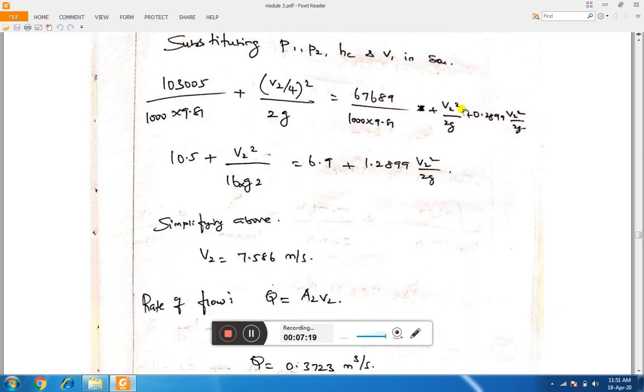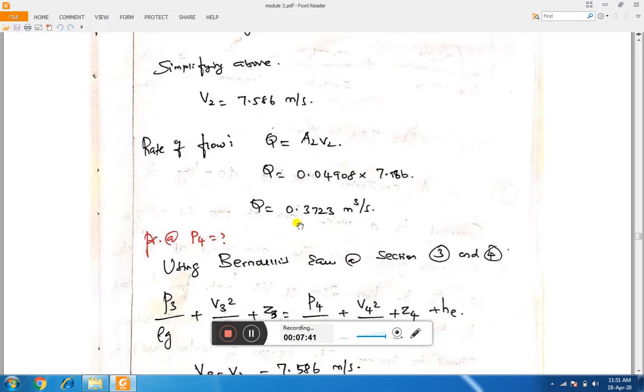So if you add these two, 1 plus 0.2899 is 1.2899 v2 square by 2g. Now rearranging, bringing this v2 square term here, after simplifying v2 is coming around 7.586 meter per second. So we have got v2.